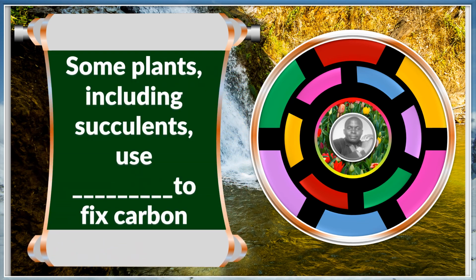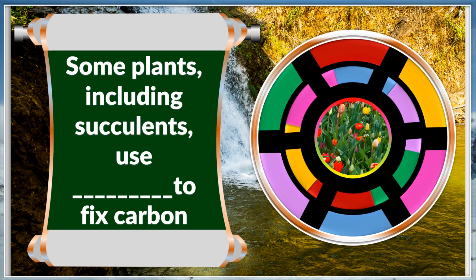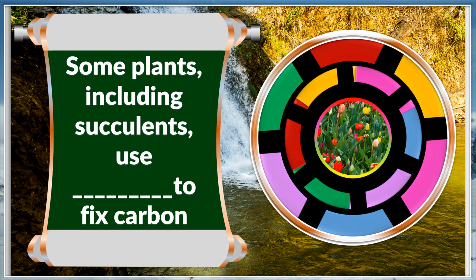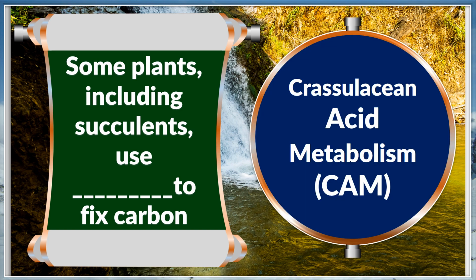Some plants, including succulents, use dash to fix carbon. Crassulacean acid metabolism, or CAM.